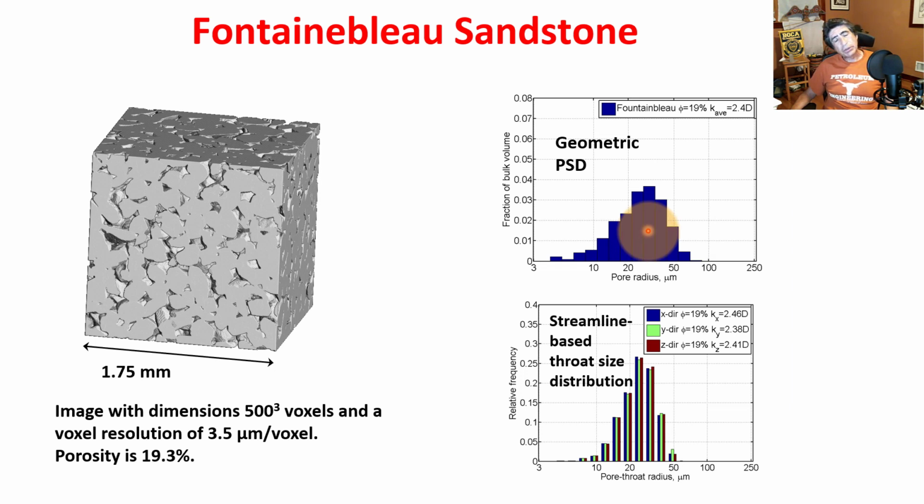What I want to point out is that in most of the sandstone clastic rocks that we have, if you plot this histogram, it will tend to have a unimodal distribution. In many cases, it will look like a Gaussian distribution if you plot the pore radius or throat radius on a logarithmic scale, as is done here.